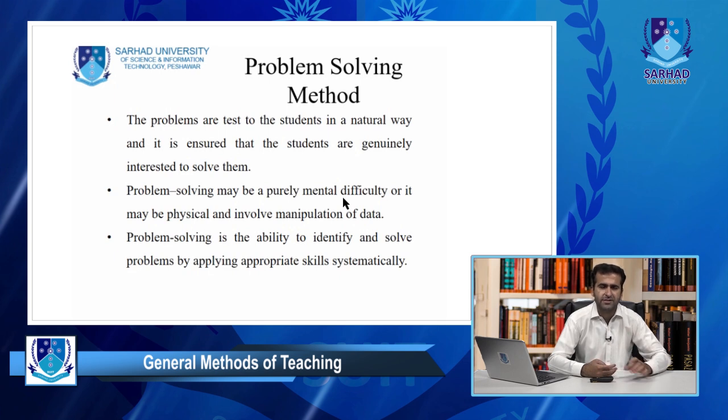Students should be arranged in groups, and they are free to discuss whatever problem they have among themselves. If there is a group of 5 to 6 students, every student will share their own experiences to solve that particular problem.